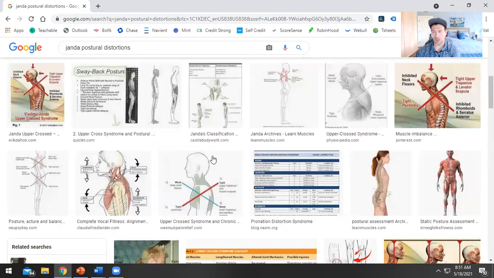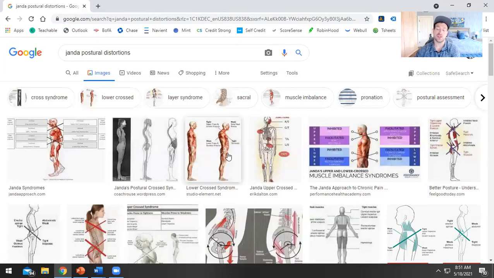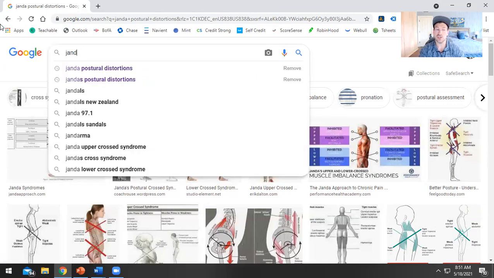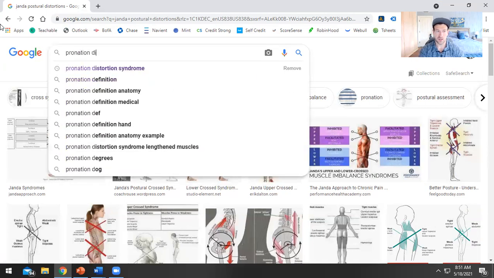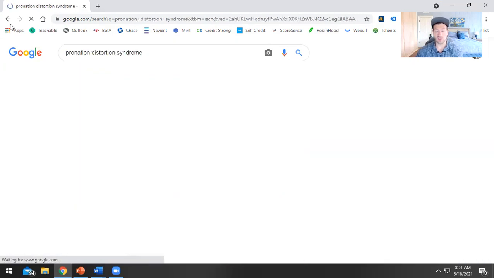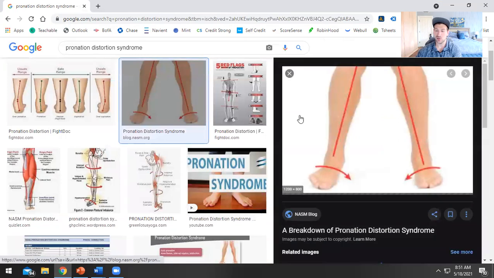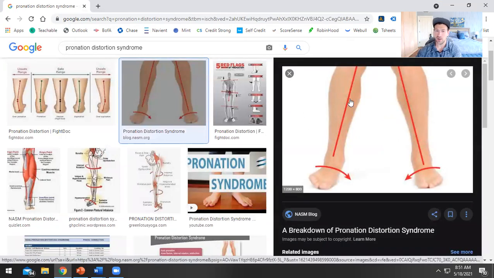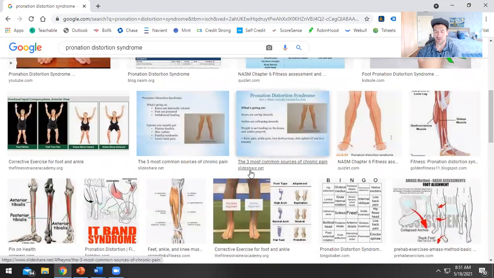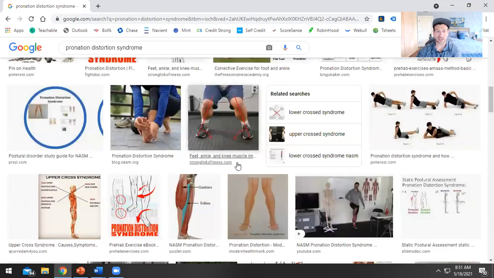That's not good. And what those three major postural distortions are going to be is pronation distortion syndrome, which is going to look something kind of like this. It's where you'll notice someone who stands kind of knock-kneed, where their knees are caving in, their feet are flattening in like that. Often you'll see ankle pronation.